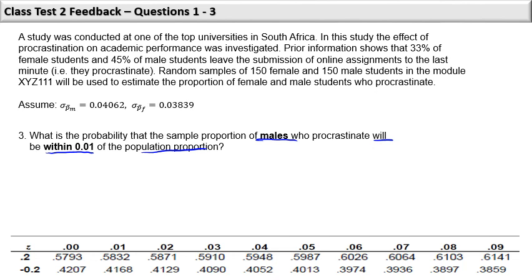The population proportion is 0.45. So now they are saying what is the probability that it will be at a distance of 0.01. So in this case it will be between 0.44 and 0.46. You will agree with me.